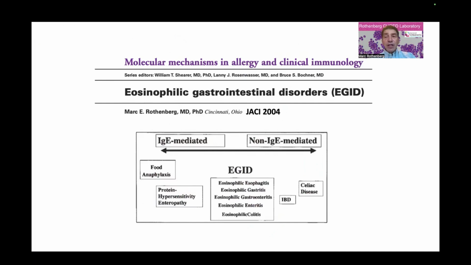The different types of EGIDs were defined based on the involvement of the GI tract, ranging from the stomach to the esophagus, multiple segments, which we now call multi-segment eosinophilic GI disease, as well as enteritis, the small intestine, and the large intestine.